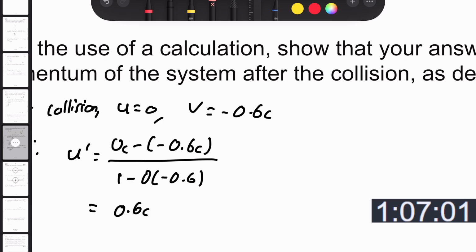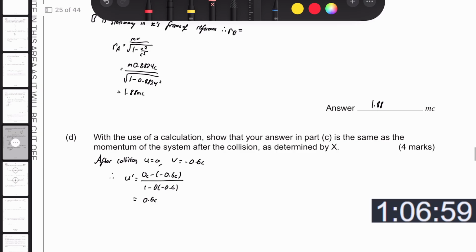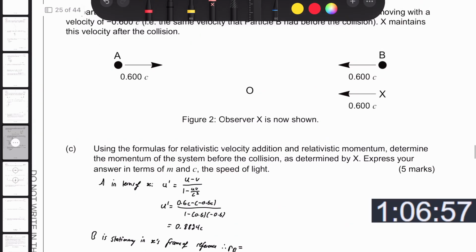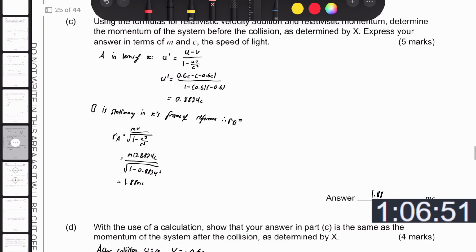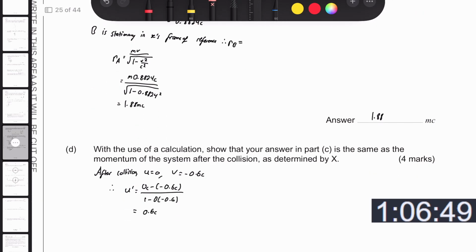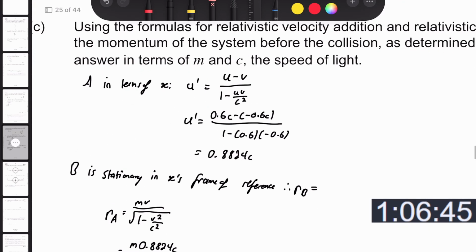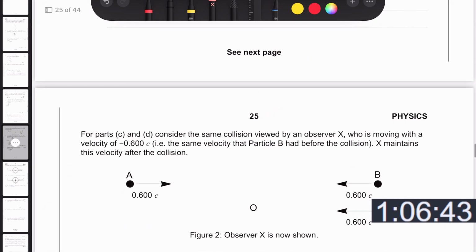Oh, because my mass is bigger now. Stationary in x's frame of reference.